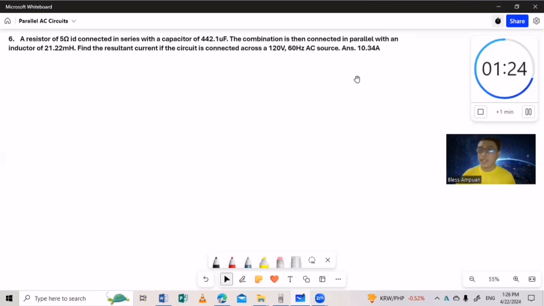So guys, 1 minute and 23 seconds. Try to solve, guys, so that you will not get bored while just listening. There must be an intervention to have an activity. 1 minute and 7 seconds. Just use this shortcut method so you will not consume more time. I think some of you are done already. Just wait for a while, and then we'll compare later.